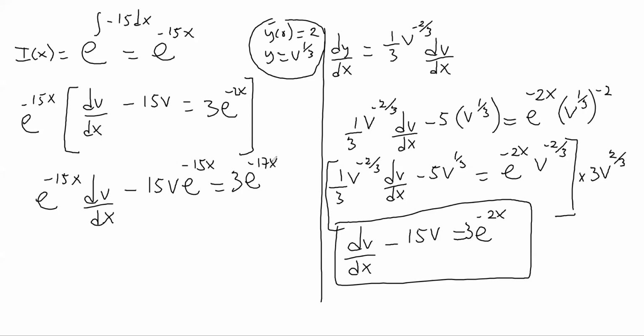Okay, so look here, this derivative is this. So I'm going to write d by dx of e raised to the minus 15x times v will be equal to 3 e raised to the minus 17x.